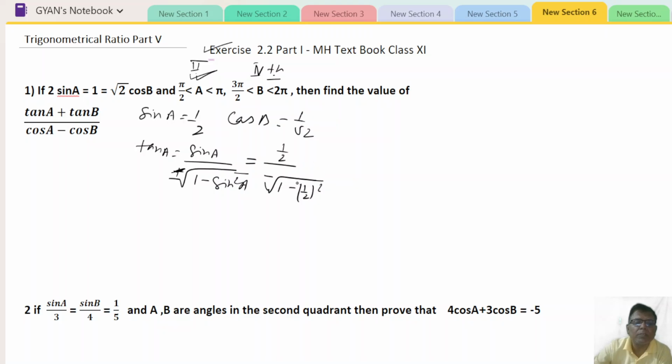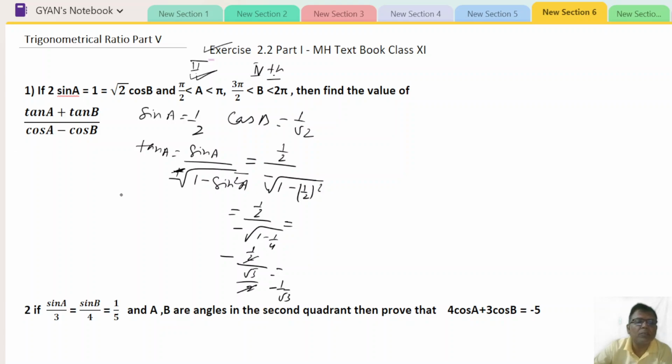Solving further, it is 1 by 2 divided by minus root over 1 minus 1 by 4, which equals minus half divided by root 3 by 2. The 2s get cancelled, so that is equal to minus 1 by root 3.